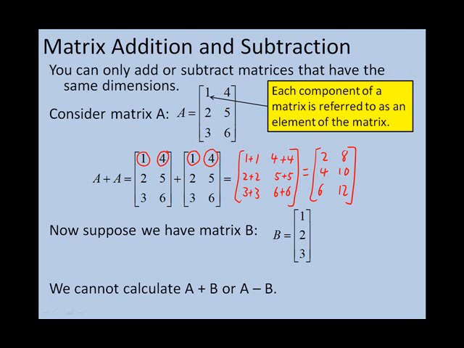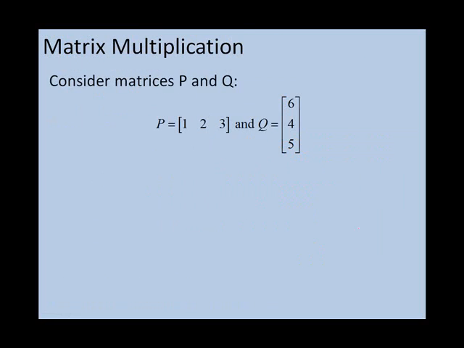We've just added two matrices together. Now suppose we've got matrix B, and this is a 3 by 1 column vector. We can't do A plus B or A minus B because A and B do not have the same dimensions. While we will occasionally use matrix addition and subtraction, what we'll use much more frequently is matrix multiplication.